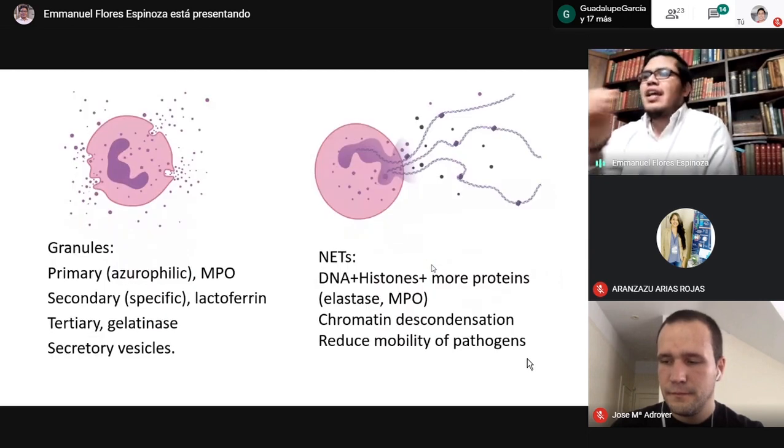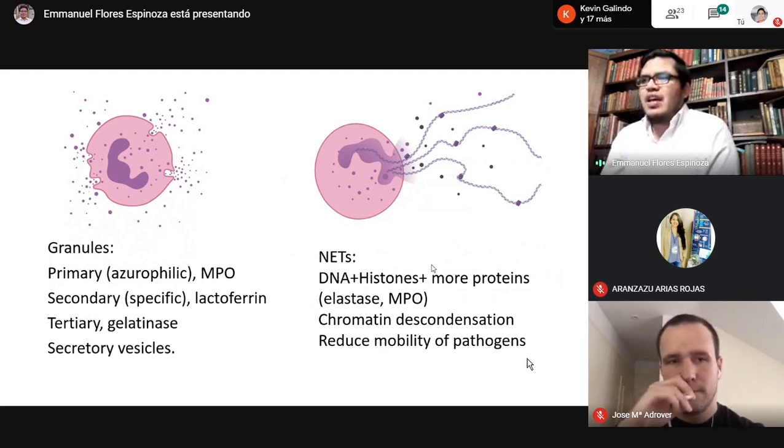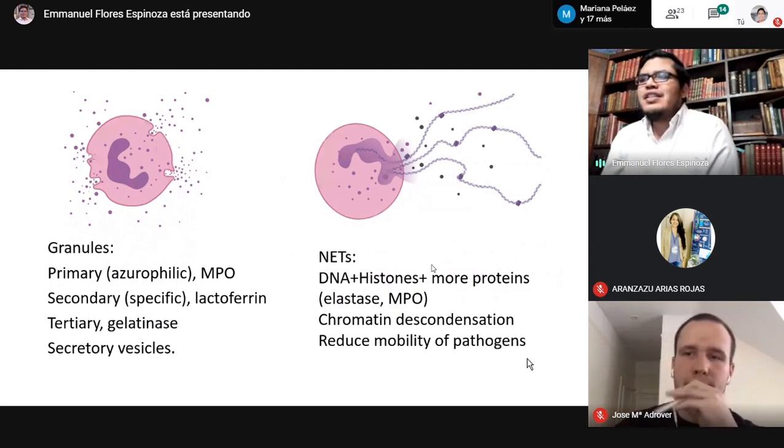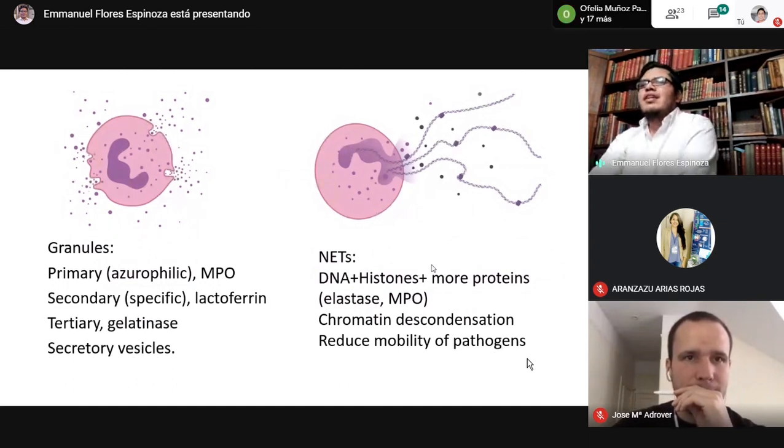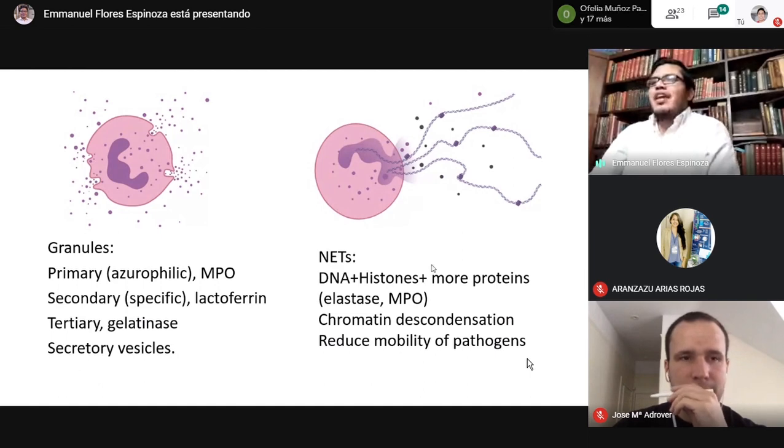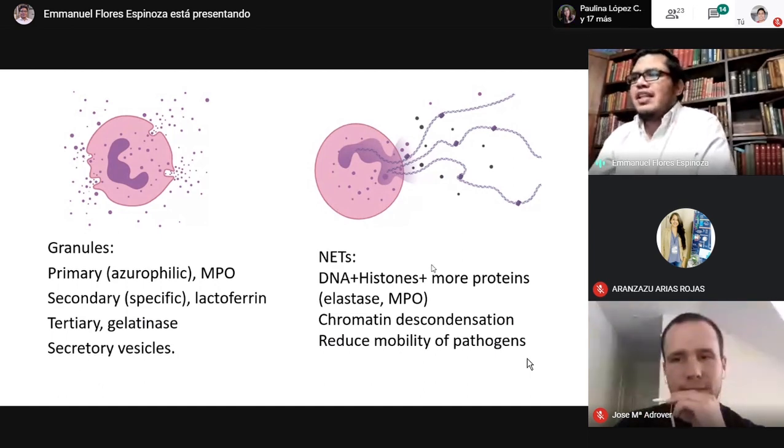Granules can be divided by their content into primary, secondary, tertiary, and secretory vesicles. The primary ones are azurophilic in tissue analysis, and are characterized by the presence of myeloperoxidase. The secondary granules have principally lactoferrin. The tertiary are characterized by gelatinase content.